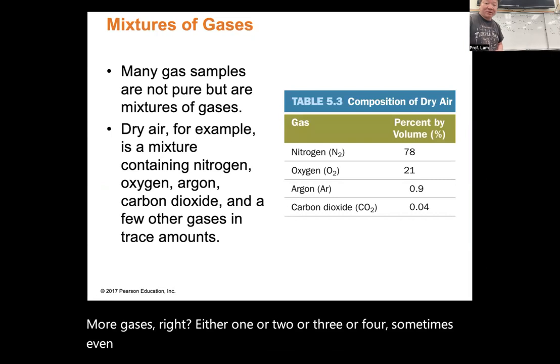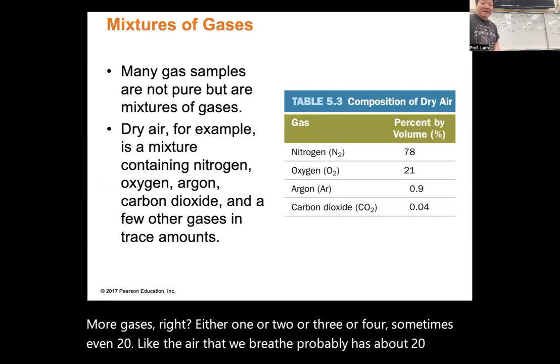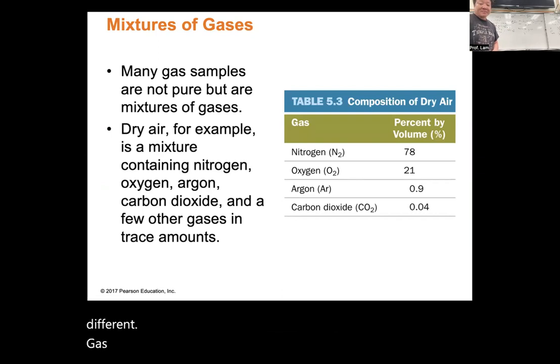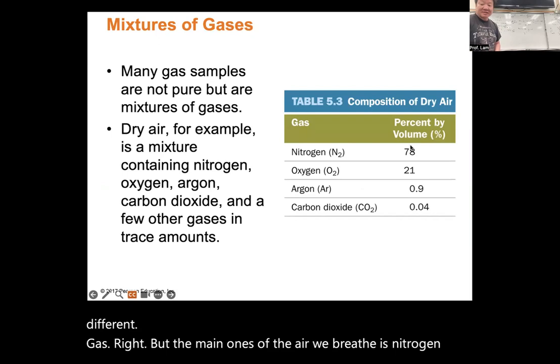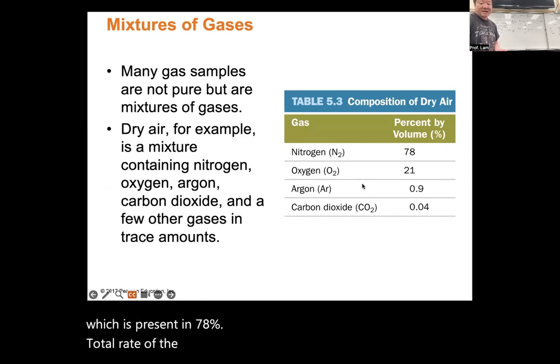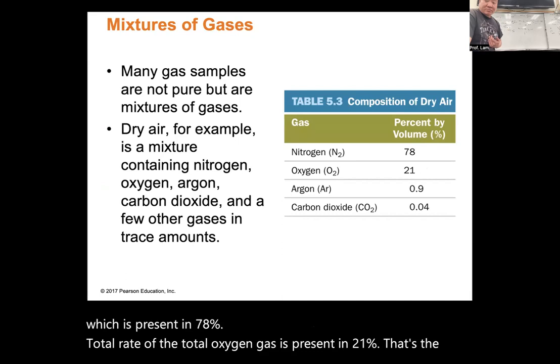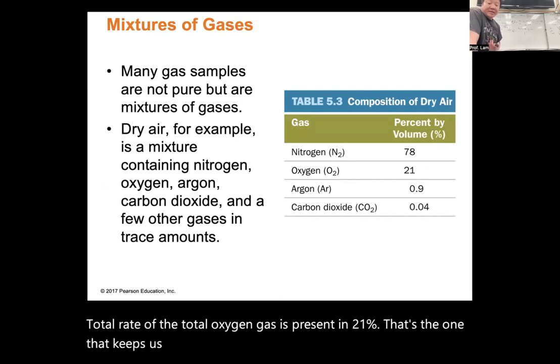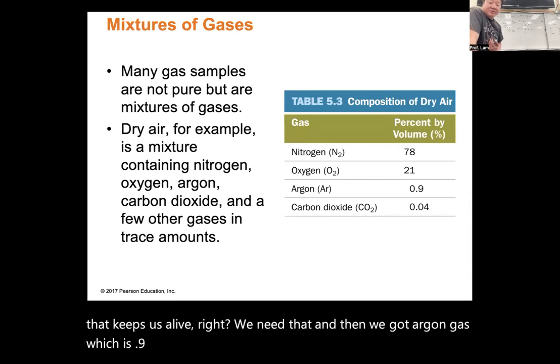Like the air that we breathe probably has about 20 different gases, right? But the main ones of the air we breathe are nitrogen gas, which is present in 78% of the total, oxygen gas at 21%, that's the one that keeps us alive, right? We need that. And then we got argon gas, which is 0.9%, and carbon dioxide gas at 0.04%.